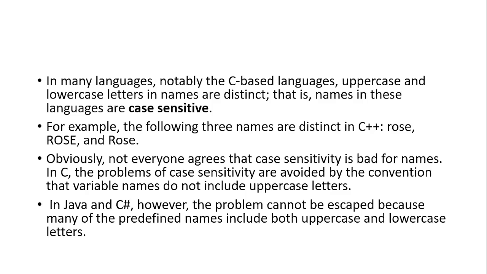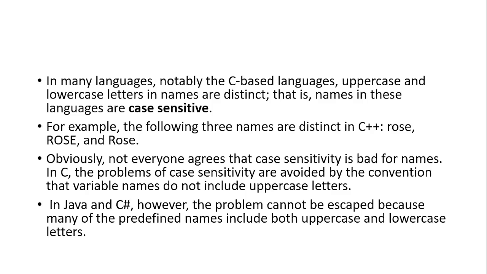So for some people, this is a serious problem to readability, because names that look very similar in fact denote different entities. So in that case, case sensitivity violates the design principle that language constructs that look similar should have similar meanings.